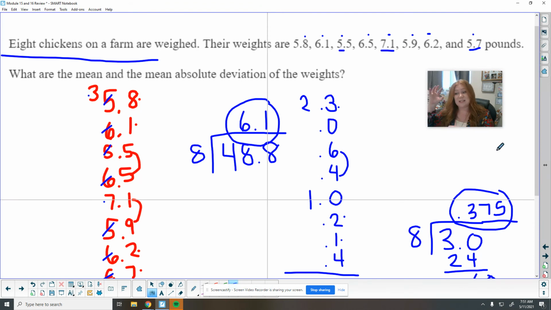There's no one chicken that's really dominating and taking those resources from another one. Sorry, I was really like, gosh, these are really giant eggs. I was like, maybe they weighed all the eggs that chicken laid together or something. So that makes more sense. Those chickens would weigh on average 6.1 with a MAD of 0.375, which is very small. So the chickens are very consistent around 6 pounds.